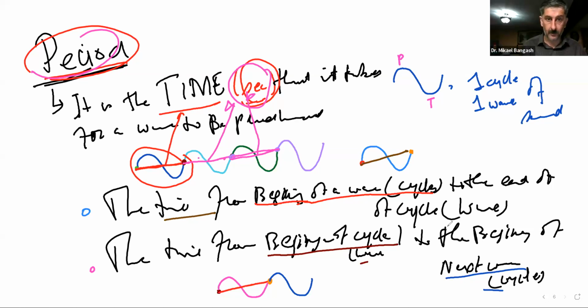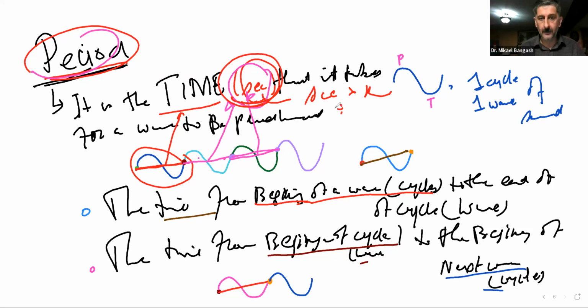It means that it's going to be expressed using any unit of time. The basic unit is seconds. You can multiply the seconds and say minutes.